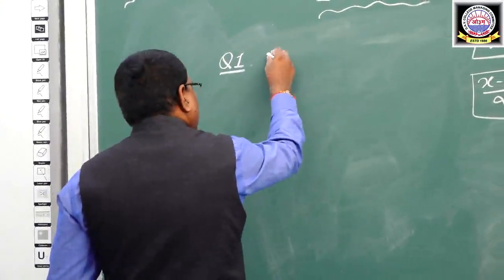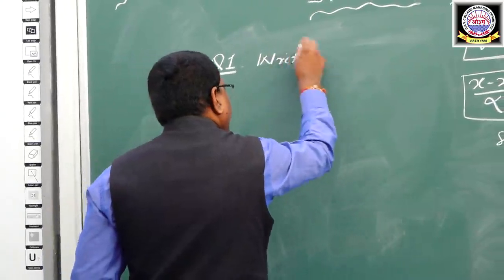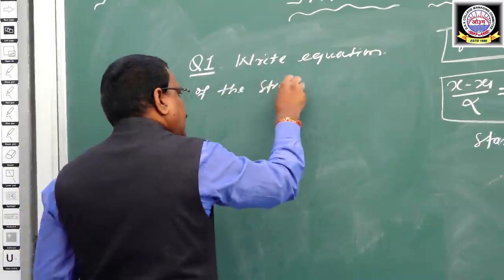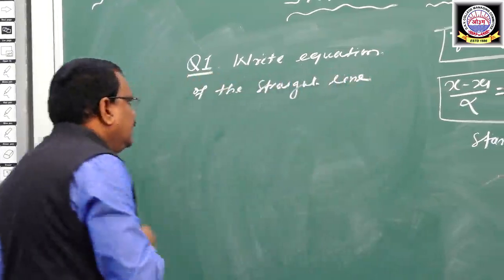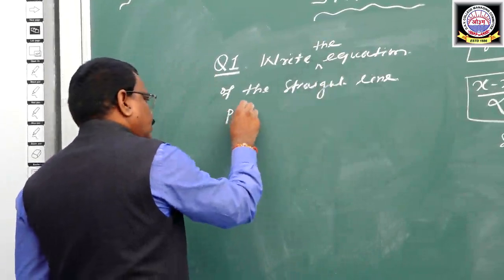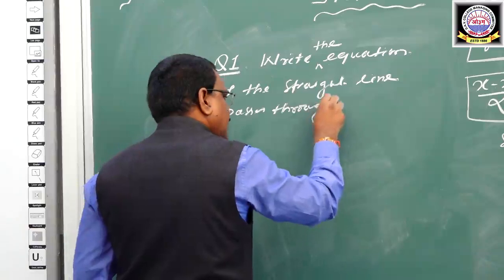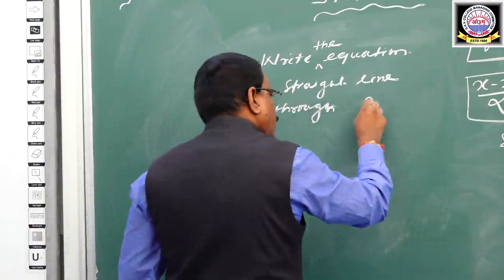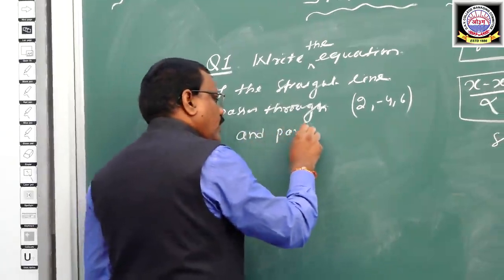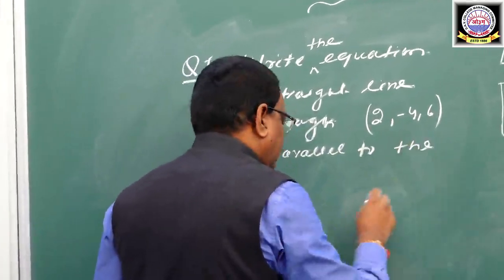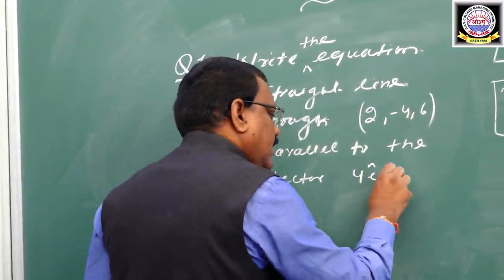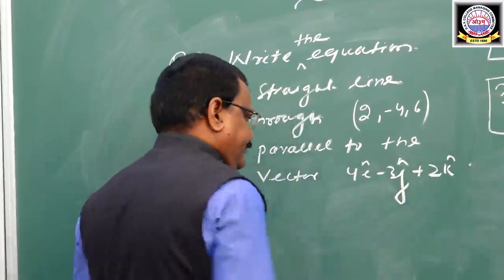Question number 1: Write the equation of the straight line that passes through the point 2, -4, 6 and is parallel to the vector 4i minus 3j plus 2k.